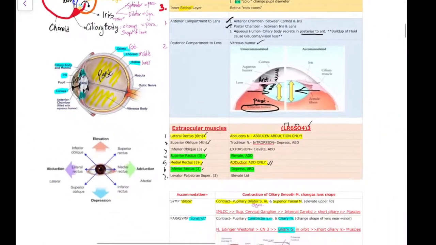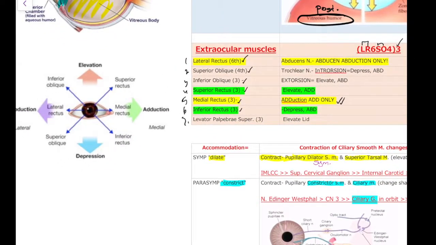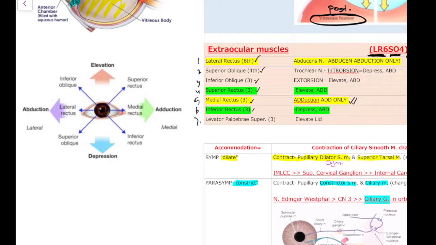If we keep going, we will just talk about some muscles. We know the extraocular muscles, LR6, SO4, 3. So LR6, lateral rectus, is innervated by cranial 6, superior oblique by 4, everything else by 3. Lateral rectus is doing abduction, pulling away, innervated by the abducens.